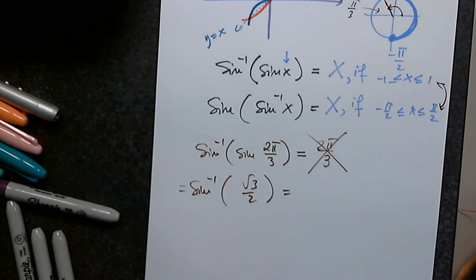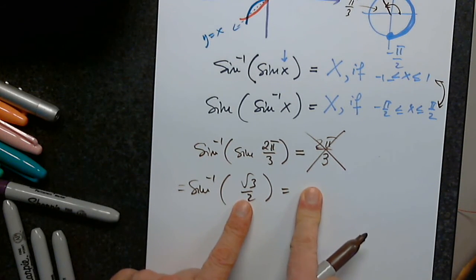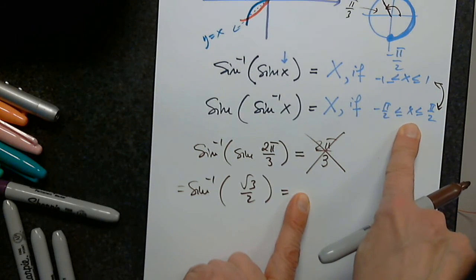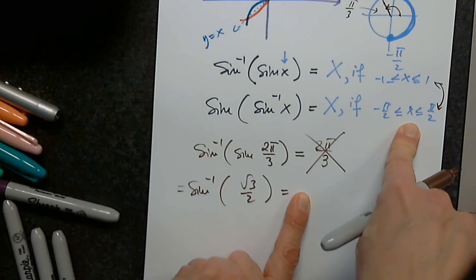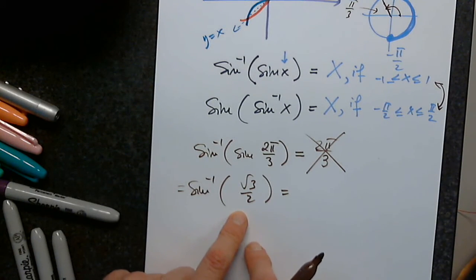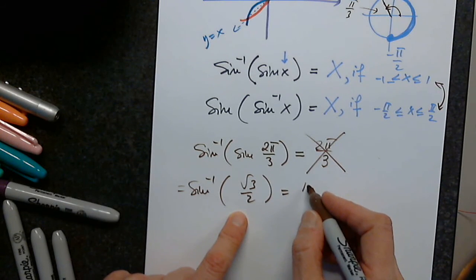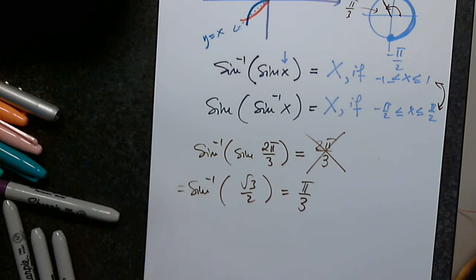And now I'm asking myself, what angle has sine the square root of 3 over 2? And that has to be here. You already told me what angle has sine the square root of 3 over 2. It's not pi over 6. It's pi over 3.